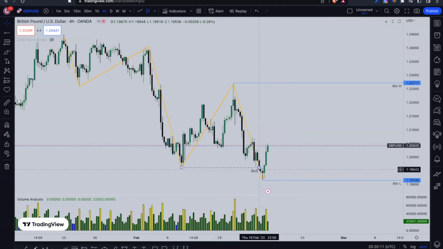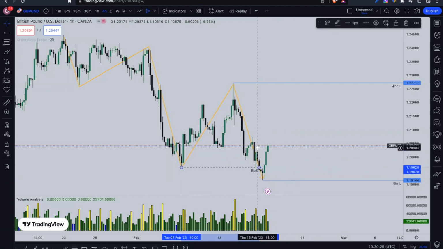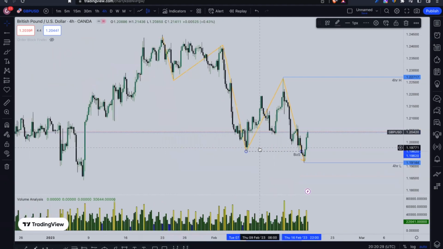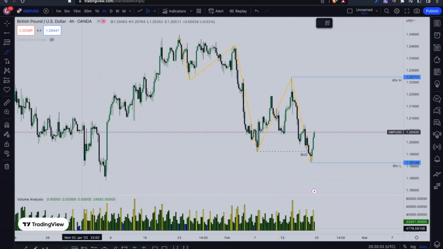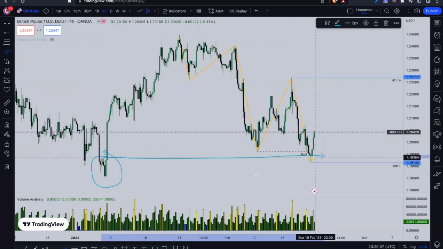Usually, or from what I've seen, when price takes out a target, they go inward for liquidity and to mitigate or fill out some imbalances, right? Okay. And also, we are mitigating this other block here, right? As we can see, price has reached in there. So we are pulling in.